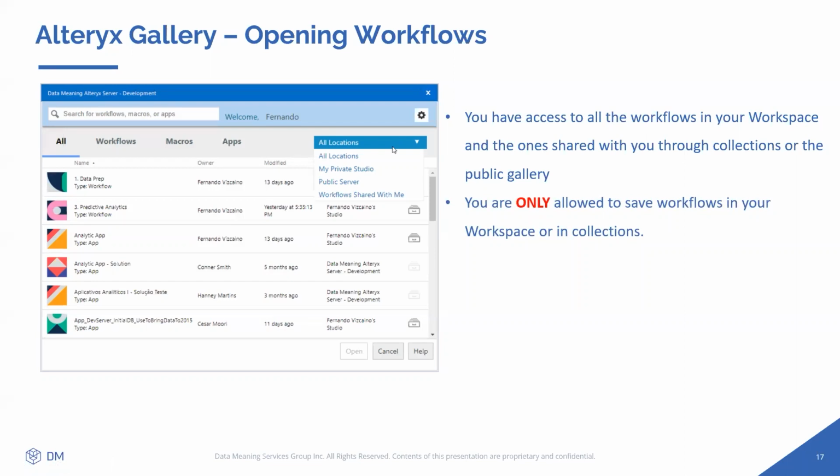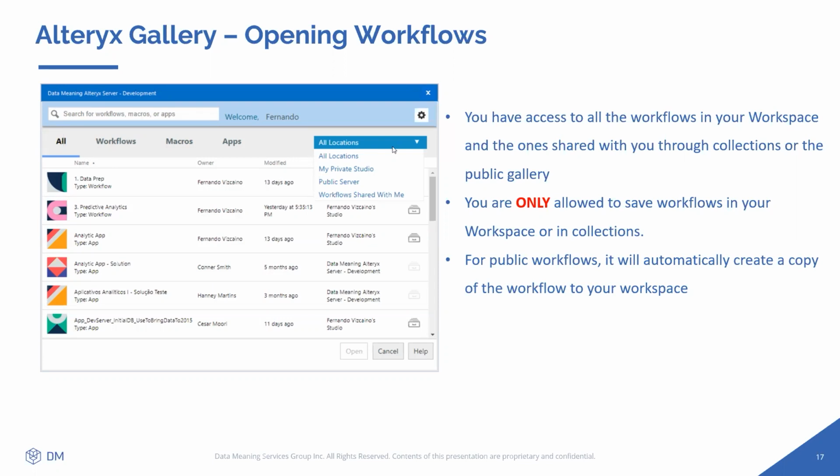You need to keep in mind that you are only allowed to save your workflows in your workspace or in collections, right? So for all the public workflows that you have access to, when you are able to open that in Designer, you'll be able to edit and check what is really happening there.